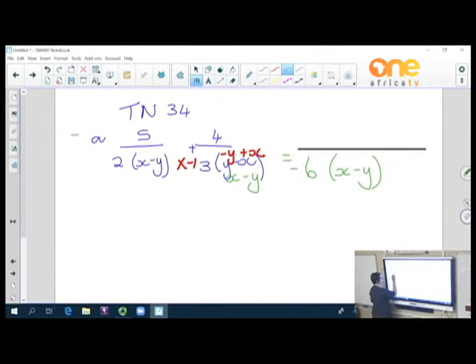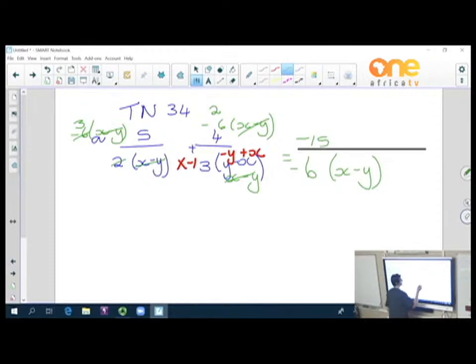So we multiply now with negative 6, x minus y, negative 6, x minus y, and cancel. That one cancels out, so it is negative 15. Here the x minus y cancels out. The negative 3 divides into the negative 6 twice, and then I have to multiply it with a 4 then there.